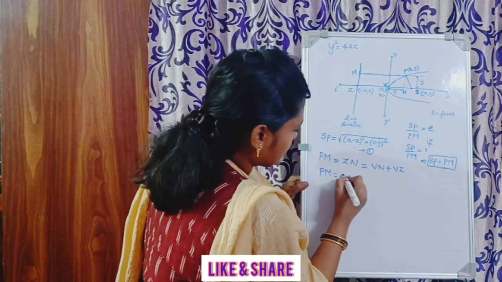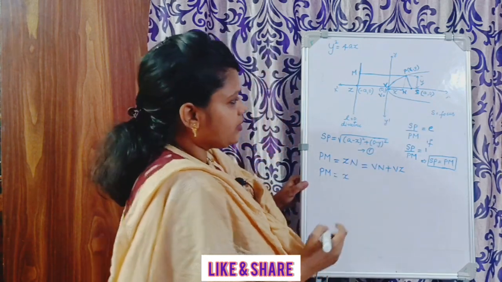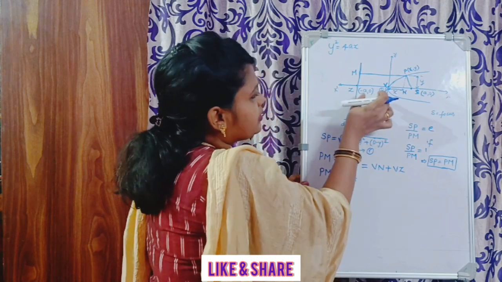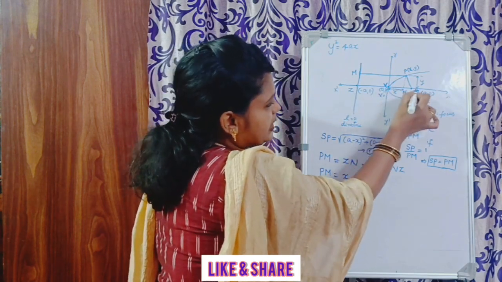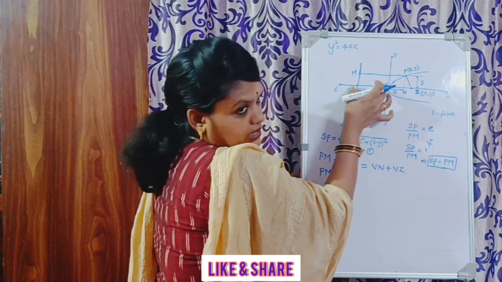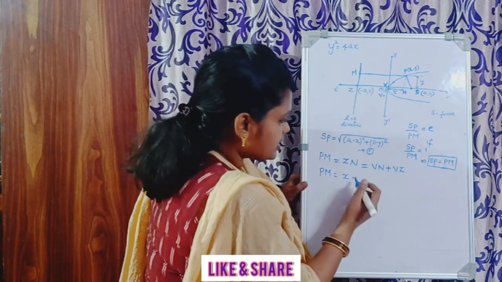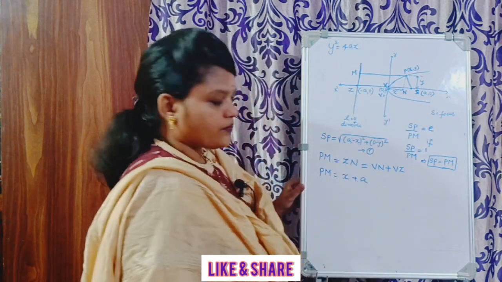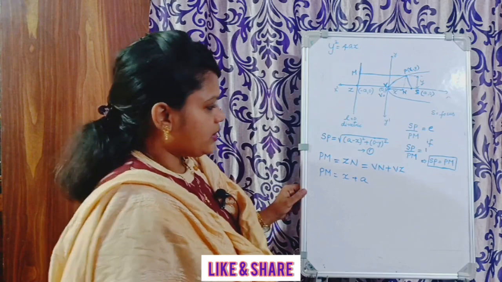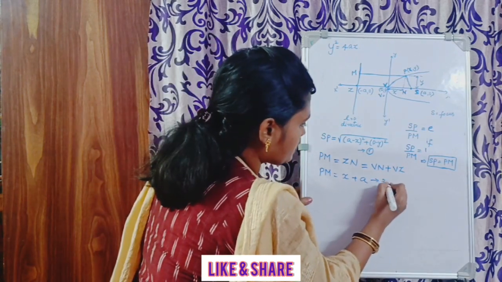VN we know is x, and VZ is the same as VS, so this is a. Understood? I call this equation 2.